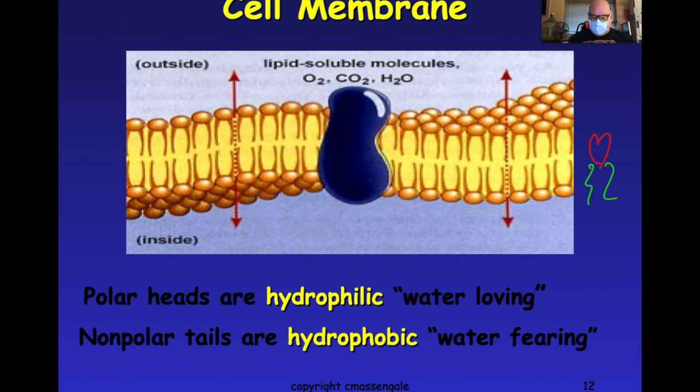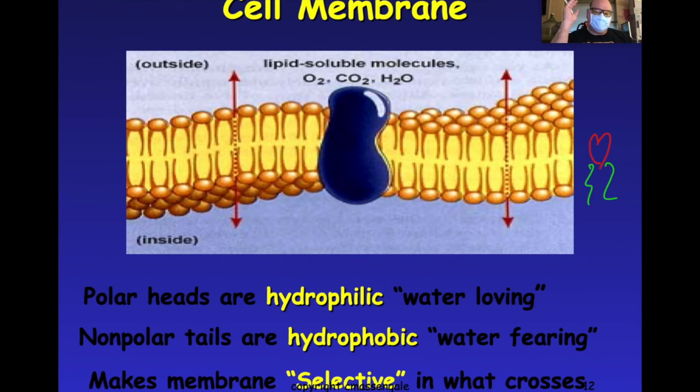You need to be able to tell me, well, the phosphorus head, they call this thing the head, it's polar. It wants to be around water. The hydrophobic fatty acid tails are nonpolar. They don't like being around water. So because it's polar in one spot and nonpolar in the other, it allows only certain things to pass through.